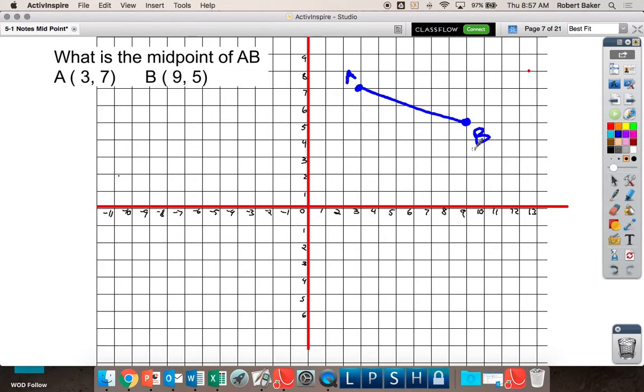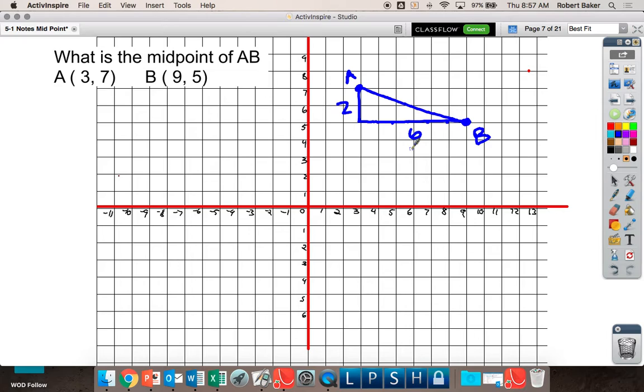Why would I show you this way? It's the counting way. You just count to the midpoint. Here's how you count. You count down 2, and over 6.